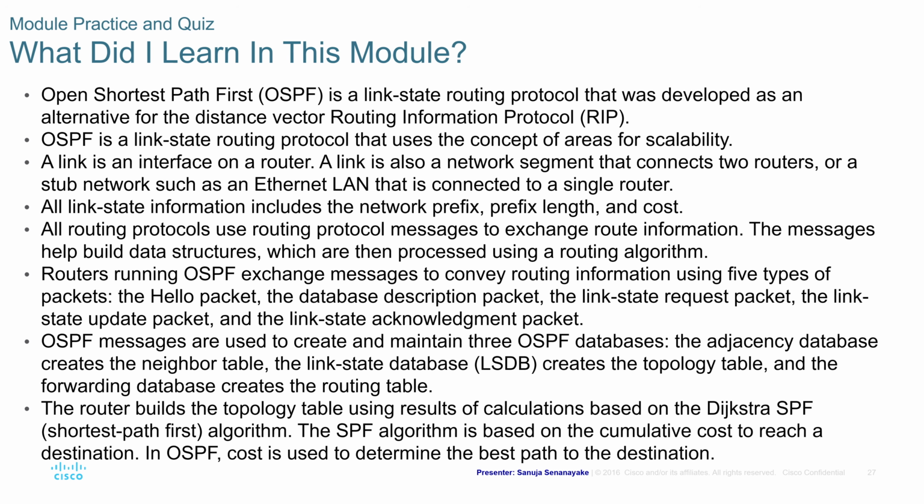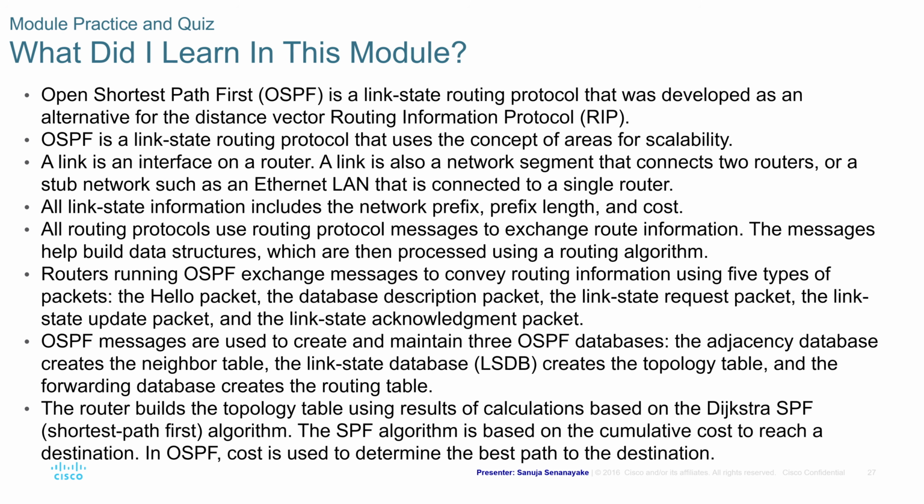They include the hello packet, the database description packet, the link state request packet, the link state update packet, and the link state acknowledgement packet. OSPF messages are used to create and maintain 3 OSPF databases. They include the adjacency database, which creates the neighbor table, the link state database, also known as LSDB, which creates the topology table, and the forwarding database, which creates the routing table.